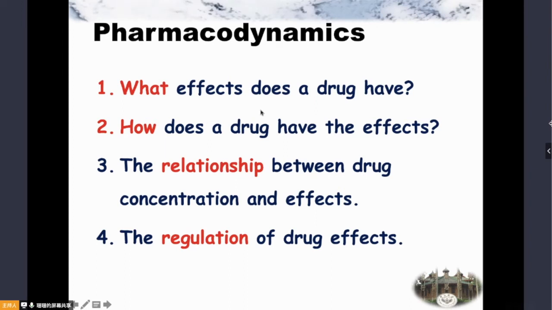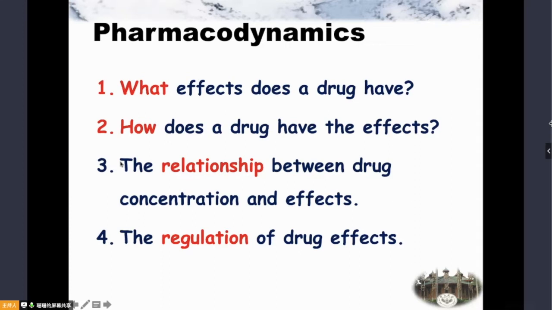The second is how the drug has the effects. The third is the relationship between drug concentration and effects. The last is the regulation of drug effects. Due to limited time, I will briefly introduce parts 1, 2, and 3 of pharmacodynamics.